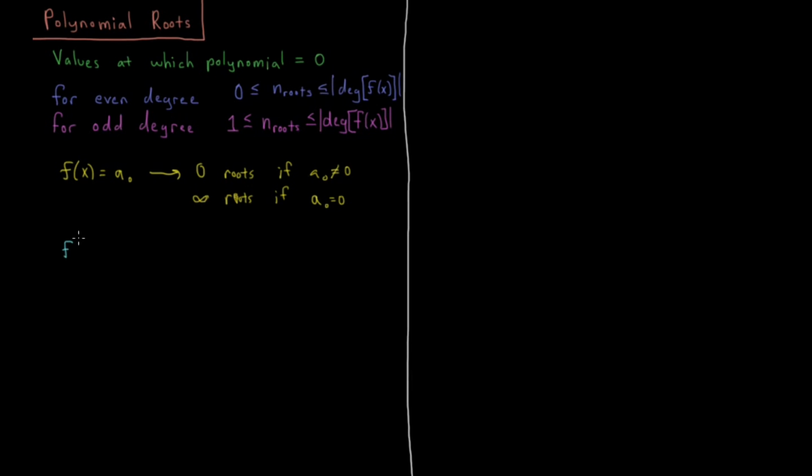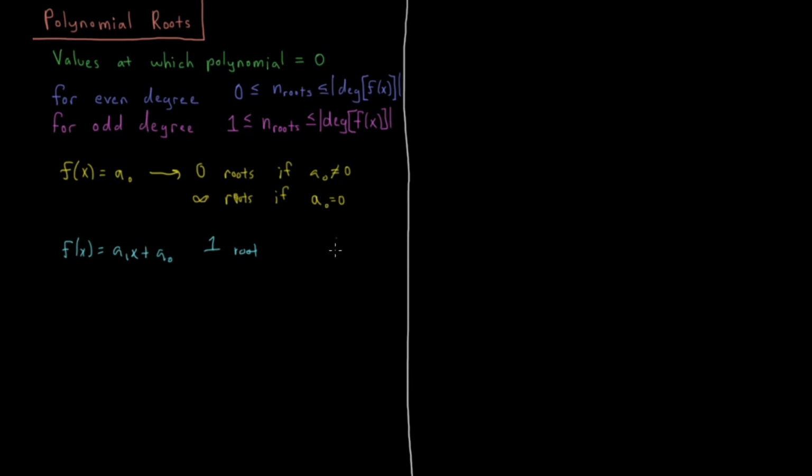All right, what if we have f of x equals a1x plus a0? So it's a first-order polynomial, which has some zero-order coefficient and some first-order coefficient to it. So that is going to have one root, because the degree is 1. 1 is less than or equal to n, which is less than or equal to 1.